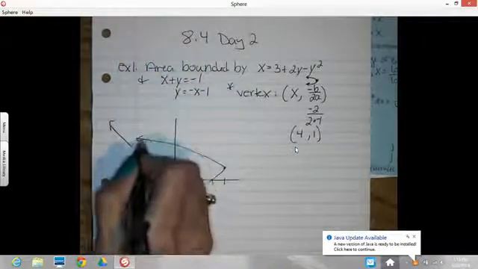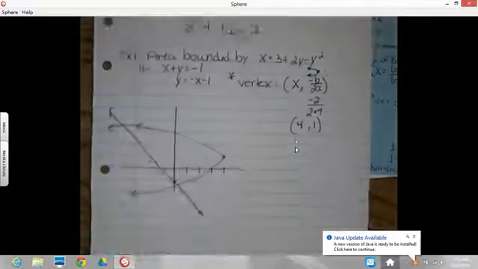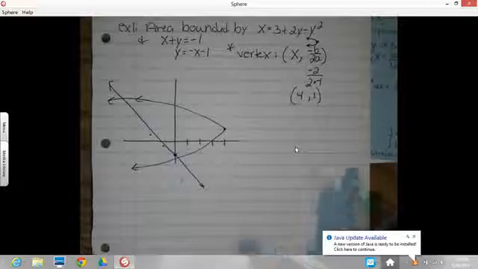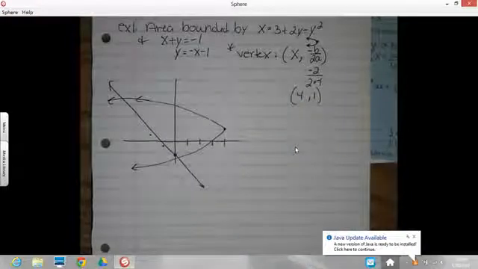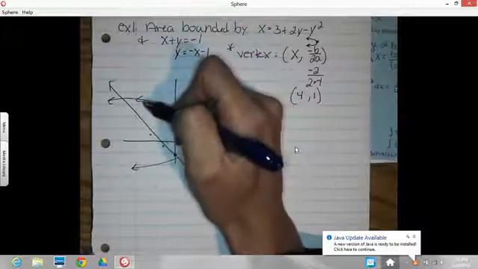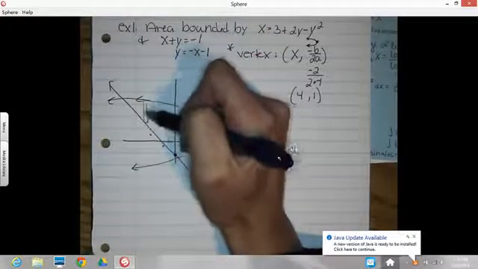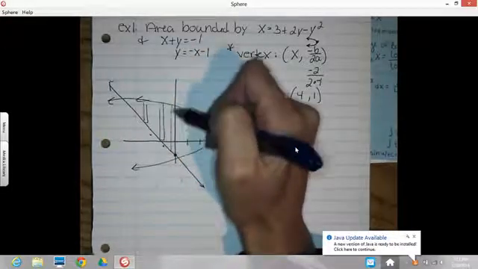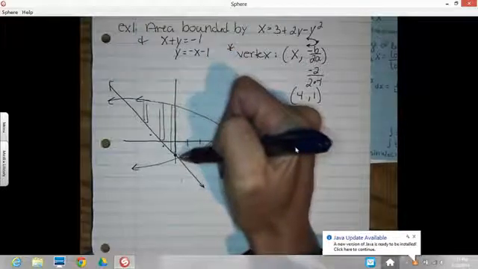Okay, next thing you should do is draw your rectangle in. And so all day yesterday, your rectangles were vertical. And that's not a problem for this part of my bounded region, because I'm hitting parabola and line. But once I get past this intersection, now I've got parabola minus parabola to get me the height.